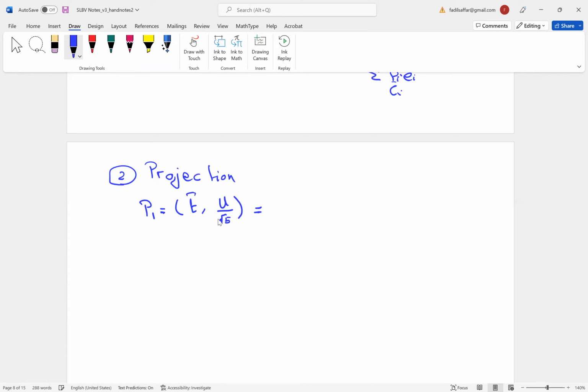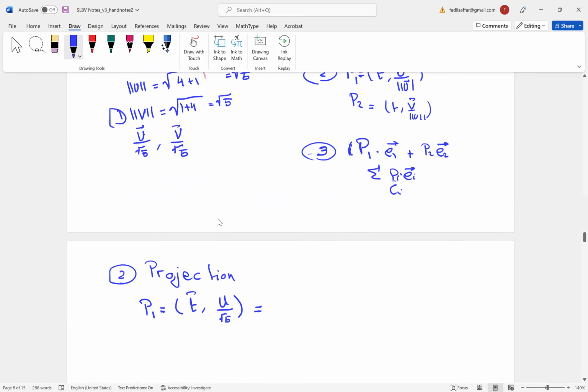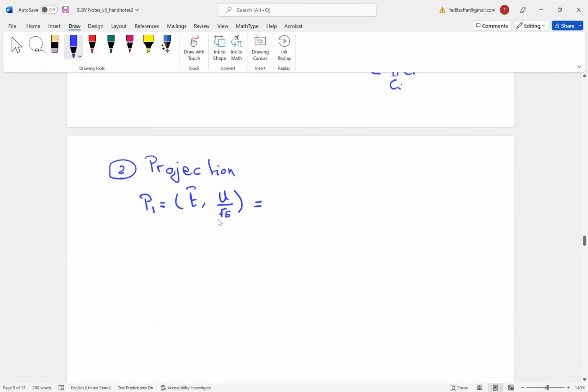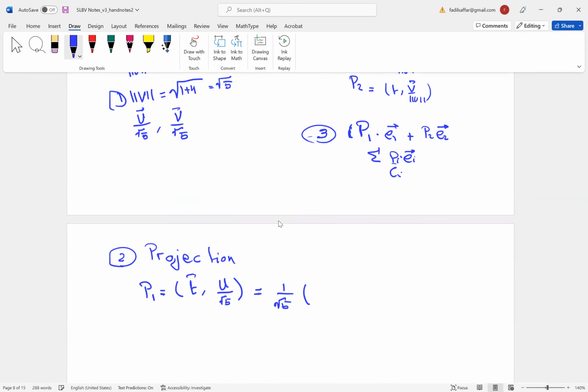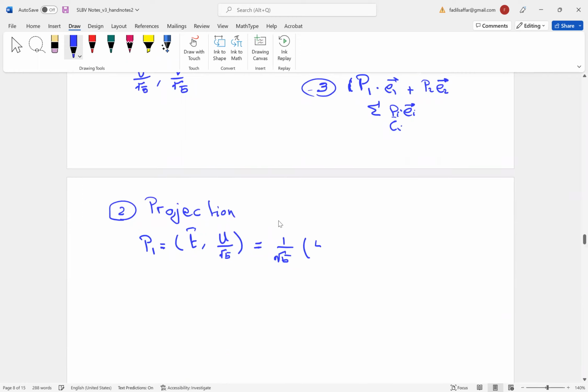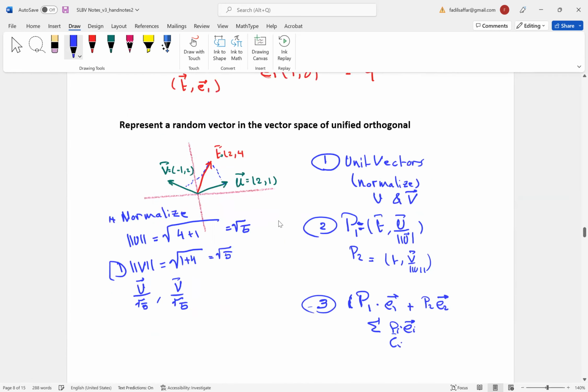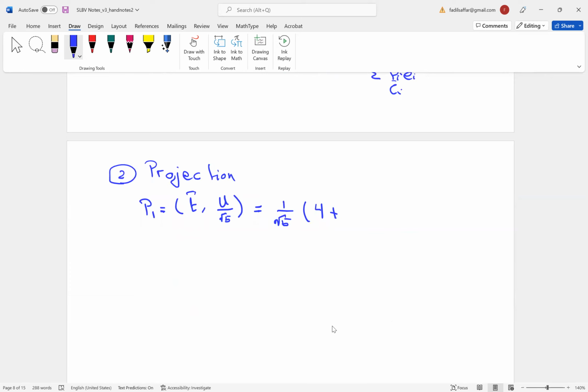We have t as 2 and 4, so we can factor the 1 over square root of 5 out, and that would be 2 times 2, 4, plus 4 times 1, again 4.